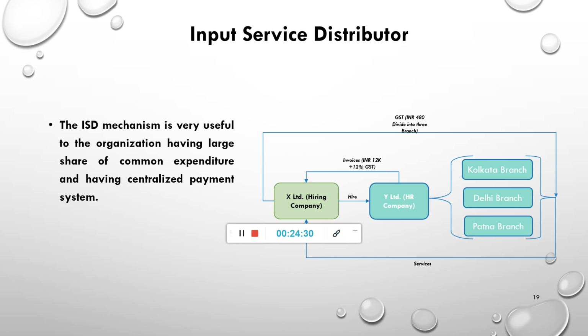It is important to note that the ISD mechanism is meant only for distributing the credit on common invoices pertaining to input services only, and not goods, which includes inputs or capital goods.